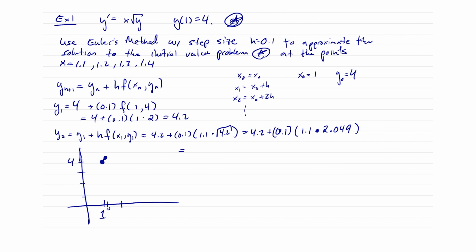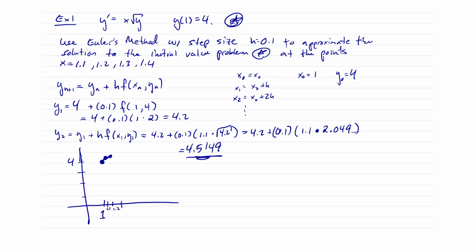So at the end of the day, I get 4.5149. I'm probably going too far with the decimals. I didn't include all of them here. But yeah, this is roughly what I get, and so this gets to about 4.5, so about here. This is at the point 1.2.